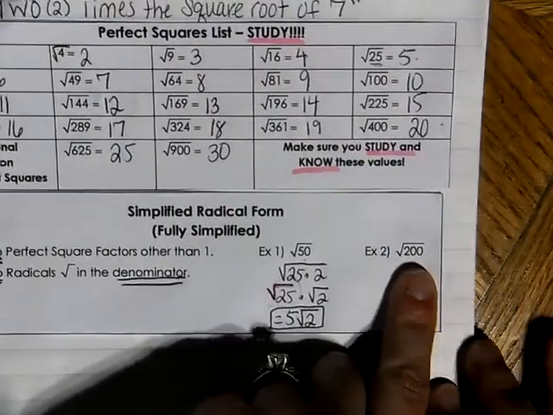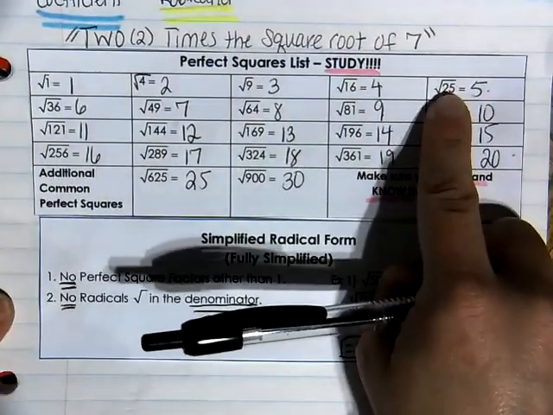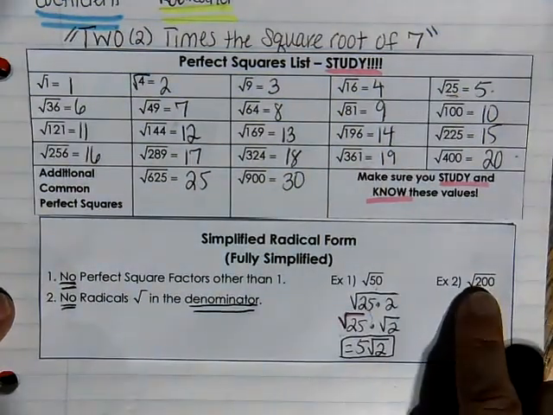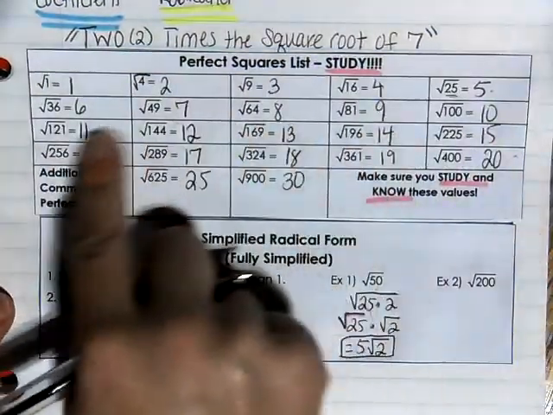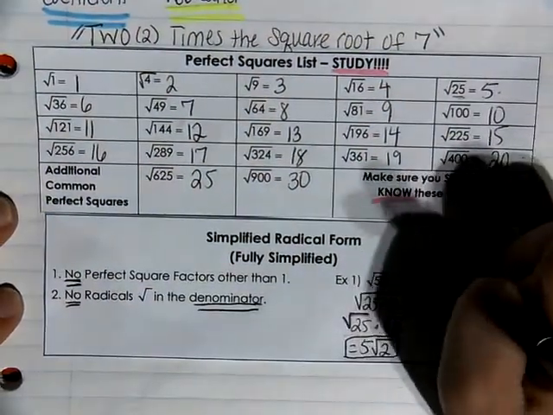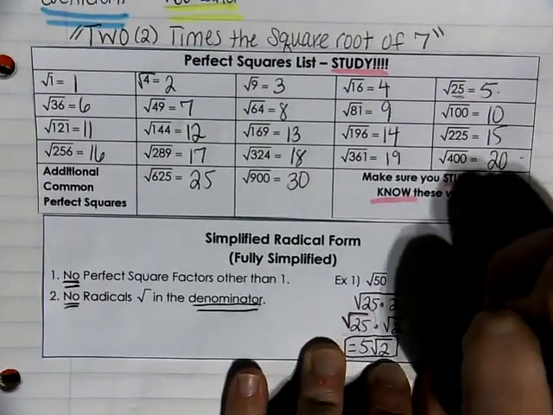Let's look at the square root of 200. Well, looking at all of our numbers, I could probably work with 25, but is there a bigger number that can go into 200? Always look for the largest. How about 100? I know that this is 100 times 2.